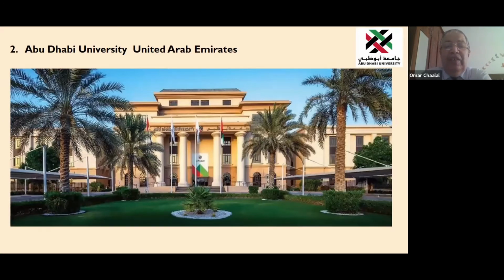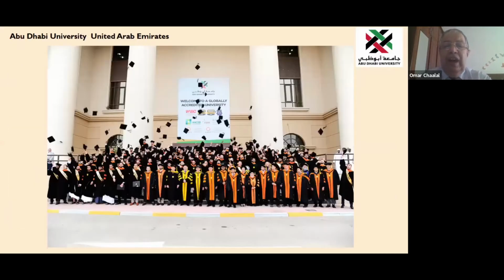Now this is our university, a small university of about 7,000 students, focused on engineering, and located in Abu Dhabi city, the capital of UAE. Here is our graduation ceremony last year, and you can see we are a small community, but we are doing a good job.